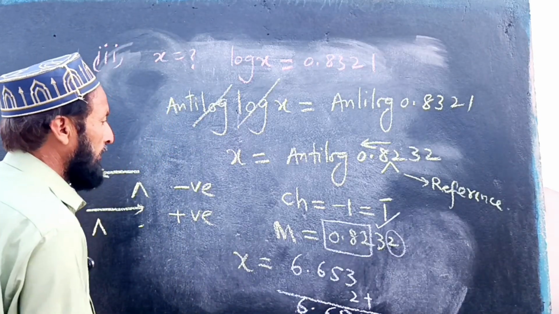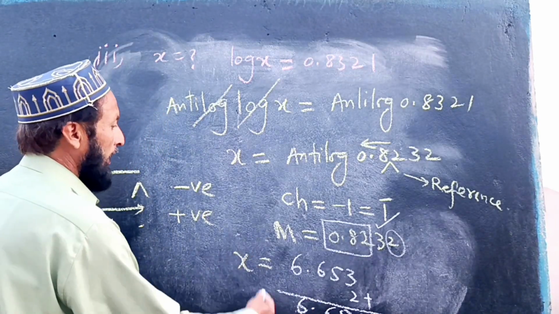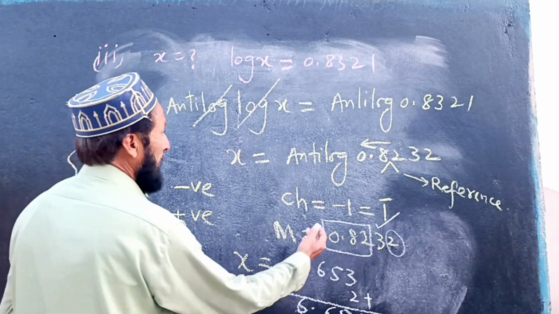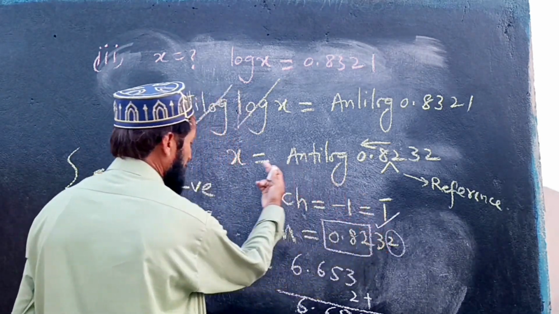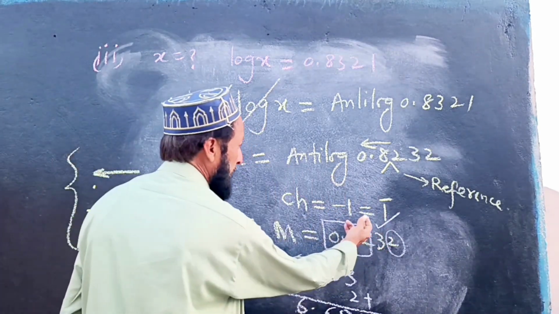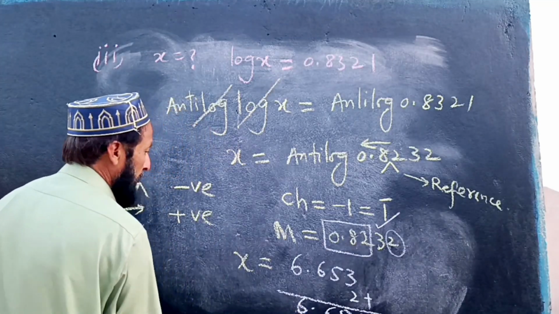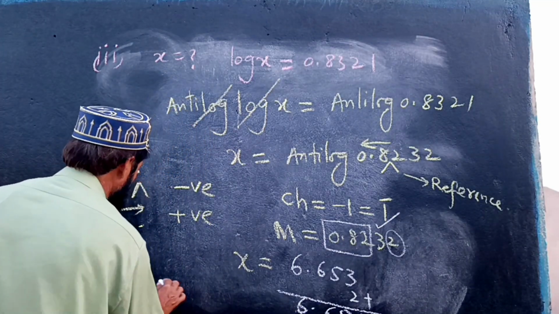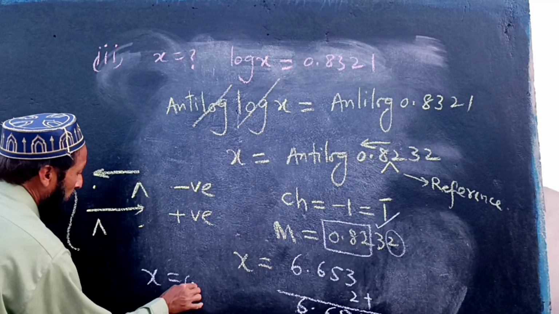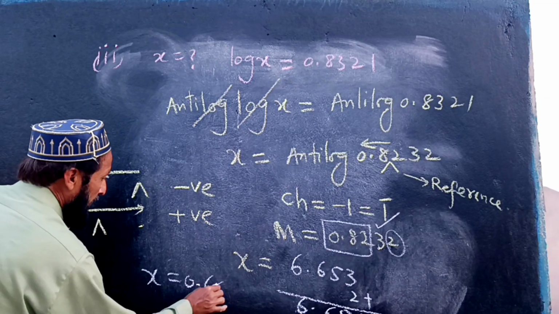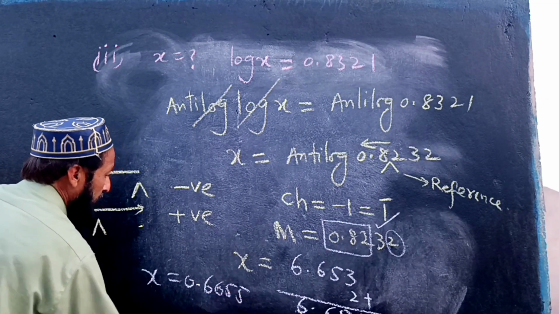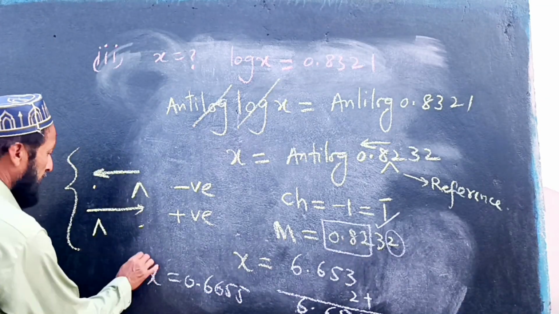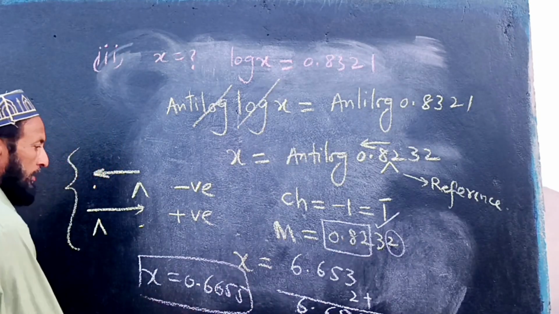In the anti-logarithm, the characteristic is negative, so it means we count one integer to the left side, so we get x equal to 0.6655. So this is the solution by the table method.